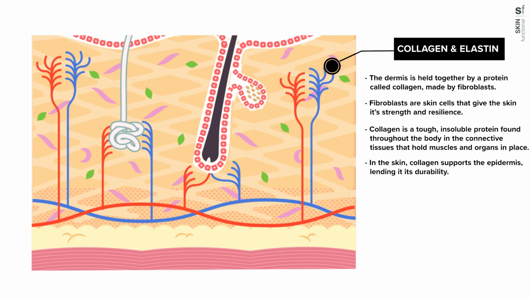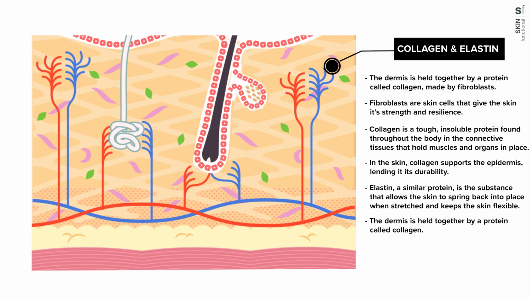In the skin, collagen supports the epidermis, lending it its durability. Elastin, a similar protein, is a substance that allows the skin to spring back into place when stretched and keeps the skin flexible. This layer gives the skin flexibility and strength.